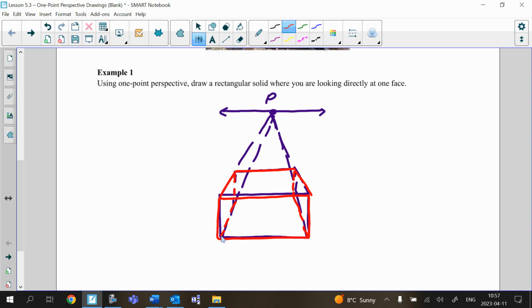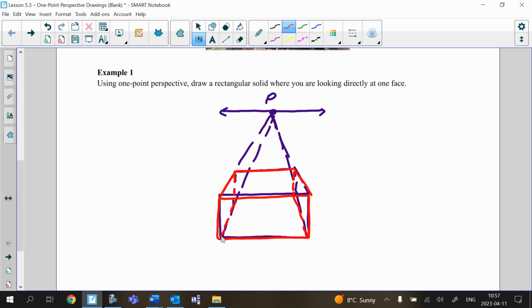If you are drawing a solid, and you put the line and the vanishing point above, then you'll be looking at it from above. So this rectangular solid, we're looking at it from above. If you move the point to the left, that means you're looking at it from the left.